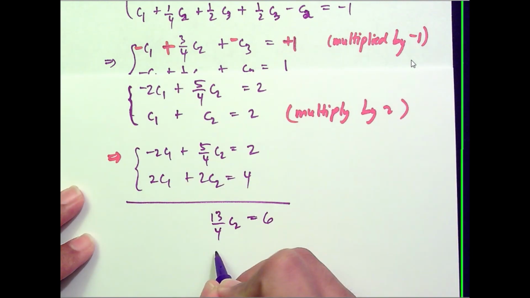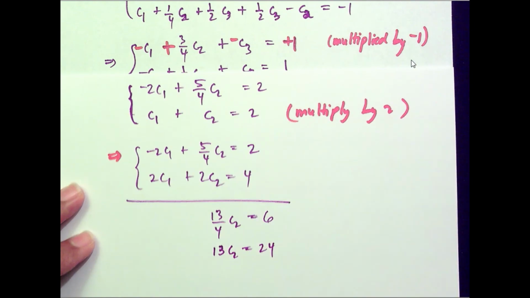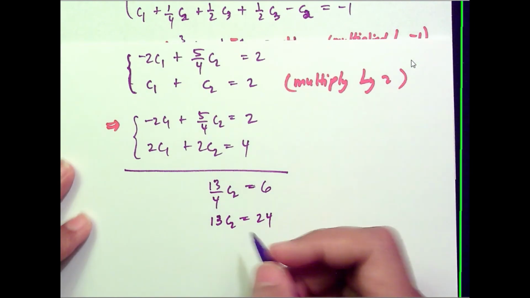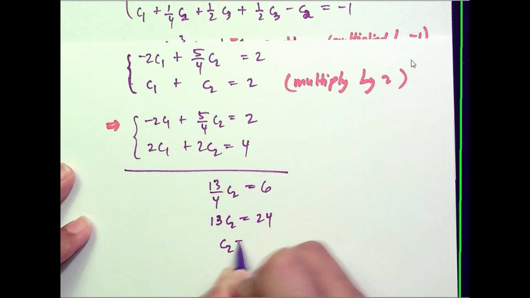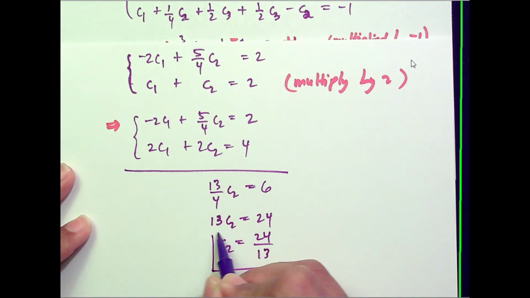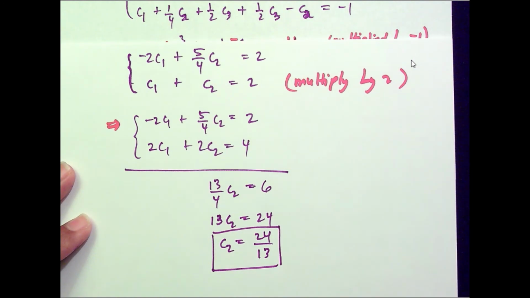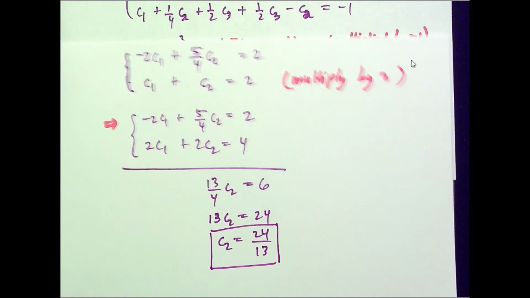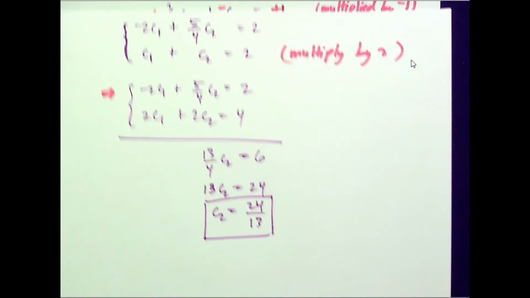And now multiply by 4. 13 C2 equals 24. And divide by 13. So C2 equals 24 over 13. Aha, see, we found one of the constants.